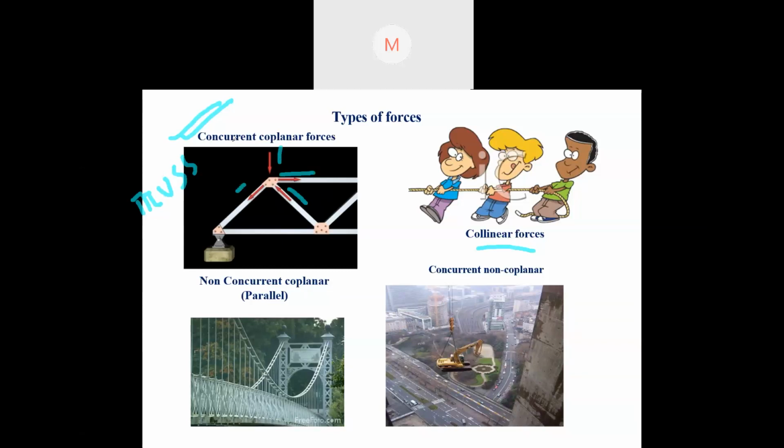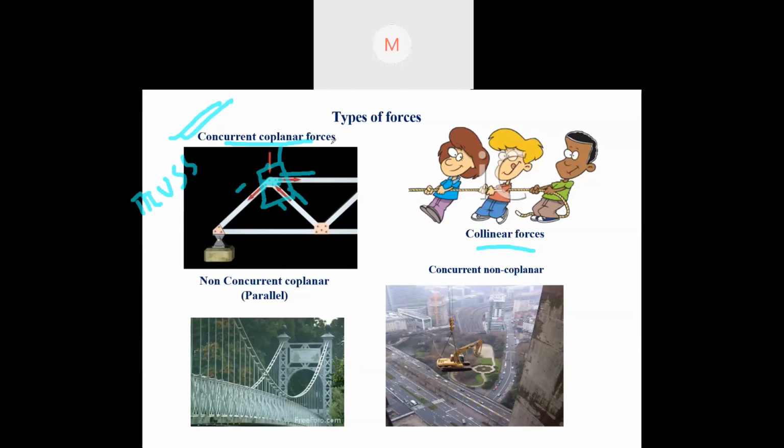But they are in the same plane and starting from this same point. Look at the arrows, they are coming at the same point. This is a single plane. So that is why concurrent coplanar forces.